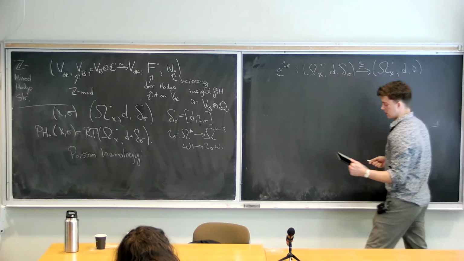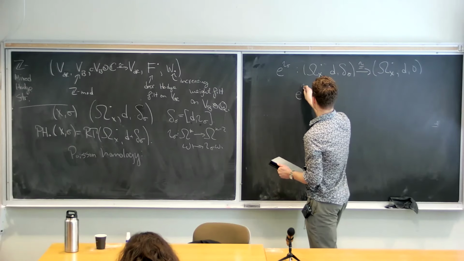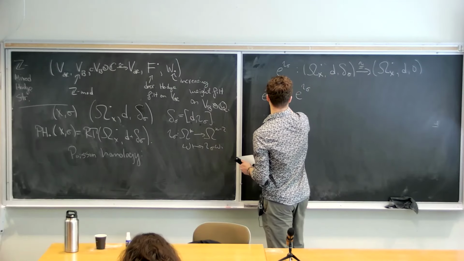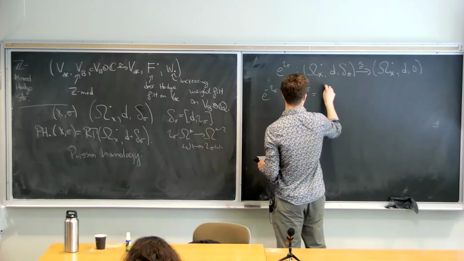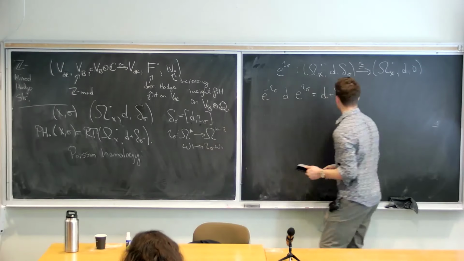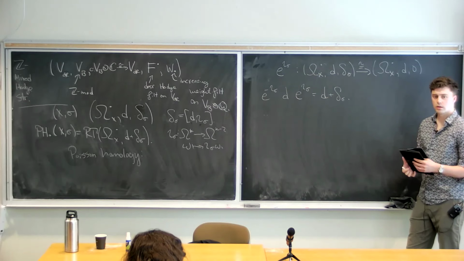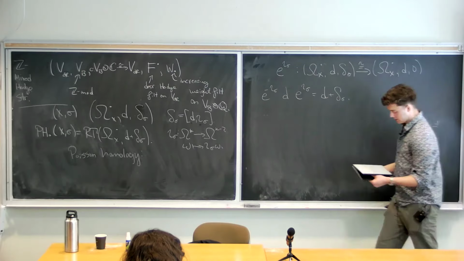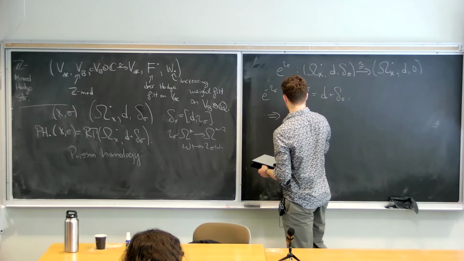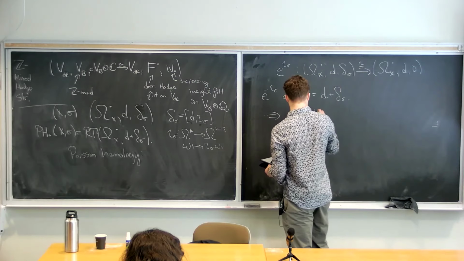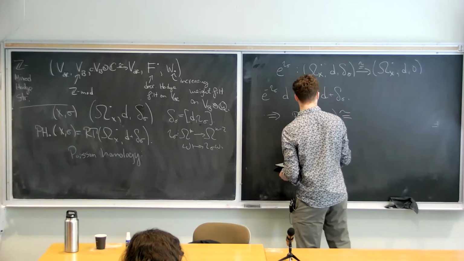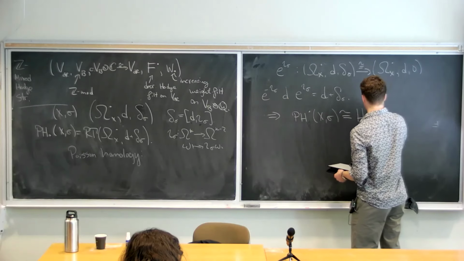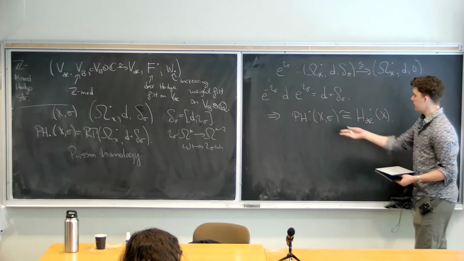That's to say that e to the i sigma, d, e to the minus i sigma is going to be d plus delta sigma. So it looks like we have achieved nothing and should go back to the drawing board. It looks like this is the same thing as the de Rham cohomology of X. And this is true, they are isomorphic.